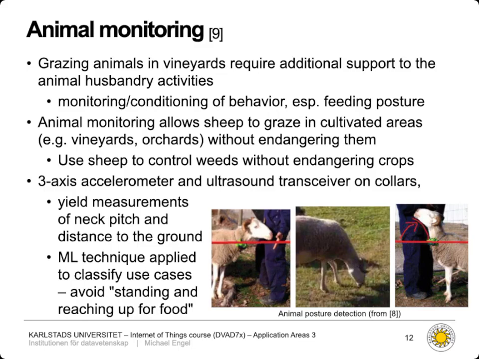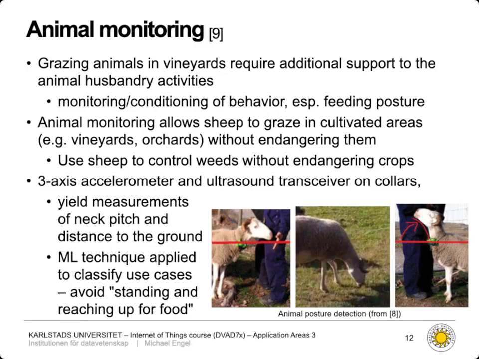And in order to do this, you actually have to figure out what the sheep is doing. And here, this posture recognition actually figures out the location of the sheep's head while the sheep is grazing. So if the neck pitch of the sheep, like shown in the middle picture here, is facing downwards, the sheep is eating something from the ground, which is grass or wheat. So this is perfectly fine, and you should allow the sheep to do it.